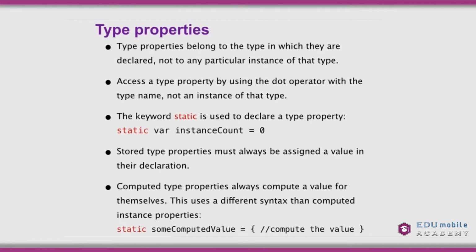There are also type properties, just as there are type methods, which we haven't really talked about yet. Type properties are like class methods, except they're types. In Objective-C, remember, we have class methods.